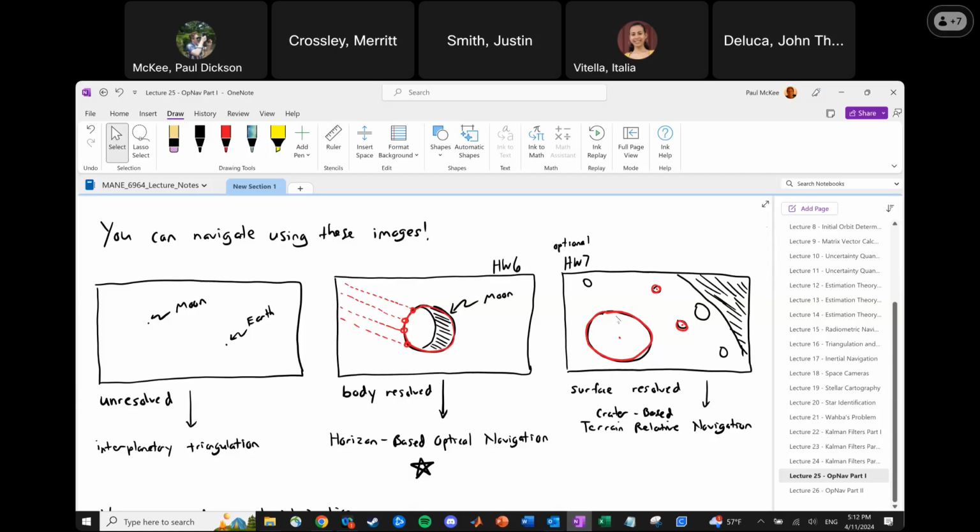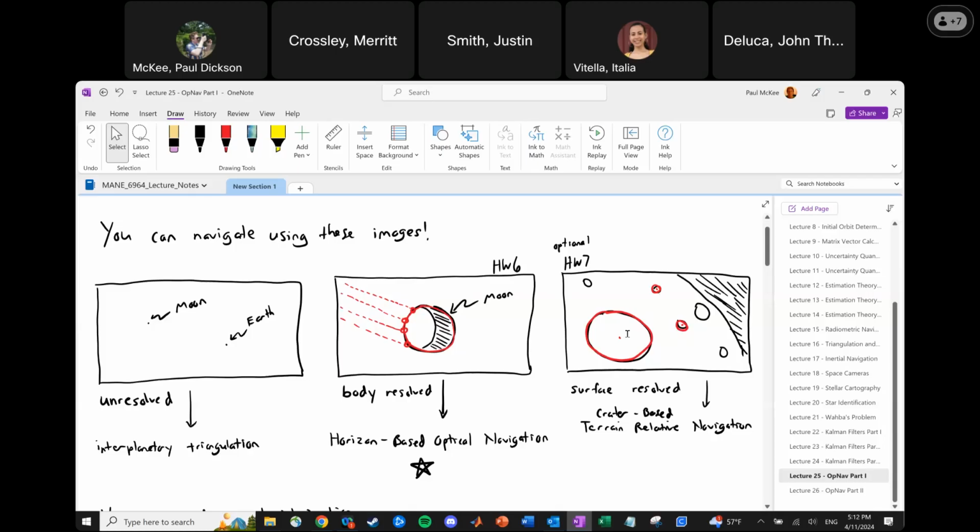But we could say all of the craters above a certain size, the same way that a star catalog couldn't possibly have all the stars, because there's basically infinitely many stars. But we could say all of the stars that are above a certain brightness, right? Then that's something that we could try to do. And so correlating craters in the image to craters in a database ultimately gives you enough information to solve what's called the perspective-n-point problem.